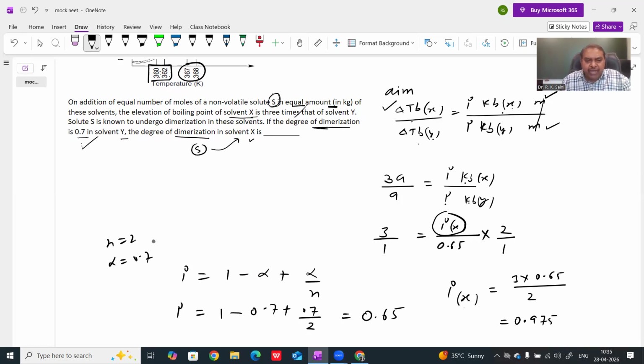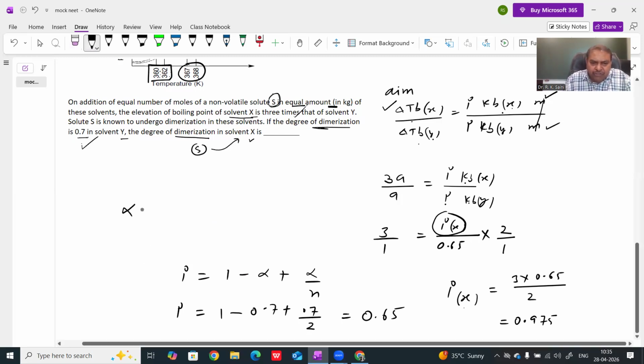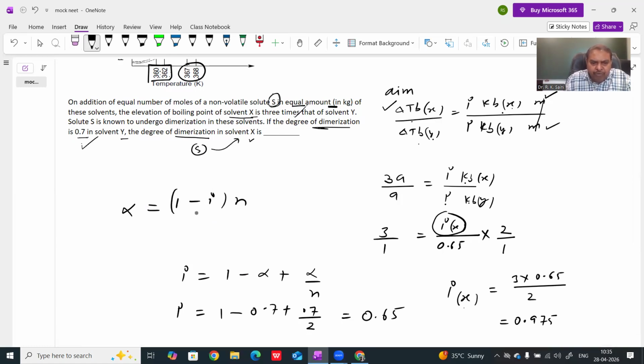And then we find alpha, and the degree of dimerization, alpha, for association is (1 minus i) into n upon (n minus 1), where n is 2 because dimerization takes place.